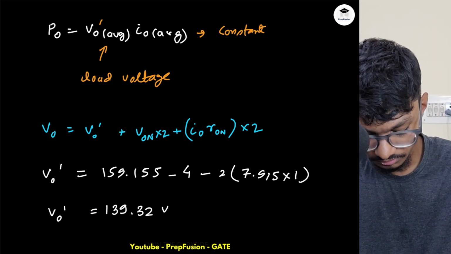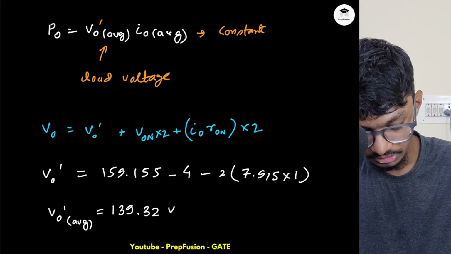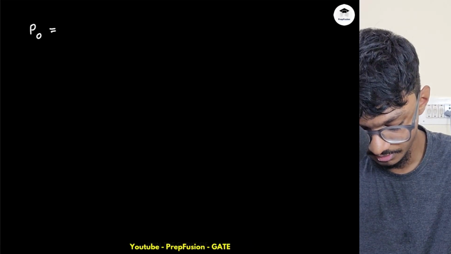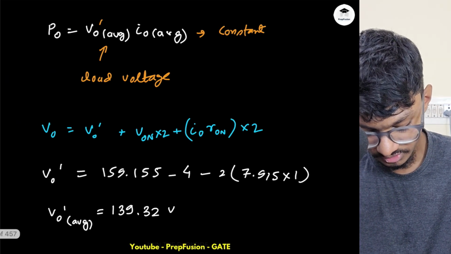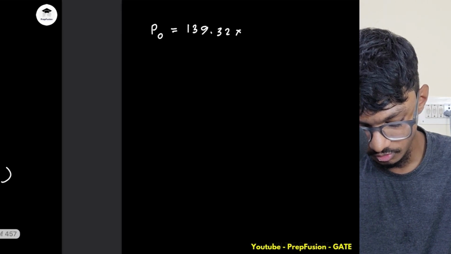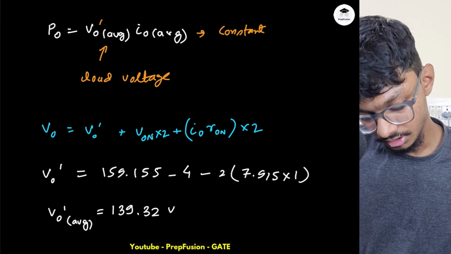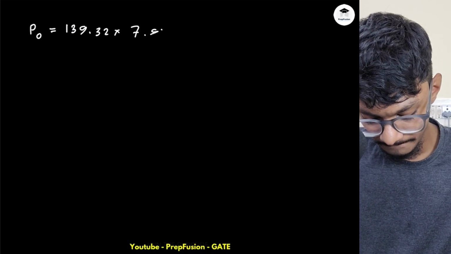Now I need to compute the power. So how do I compute the power? PO will be equal to VO dash average into IO average. So VO dash average is 139.32 into IO average, which I already know: 7.915.